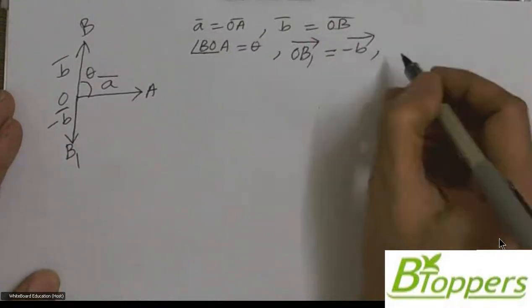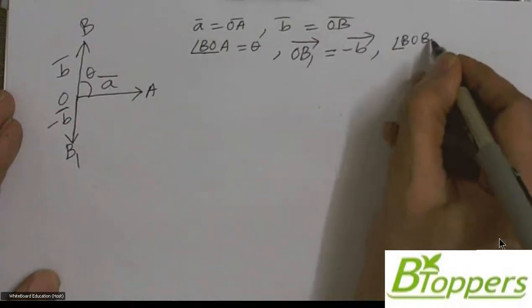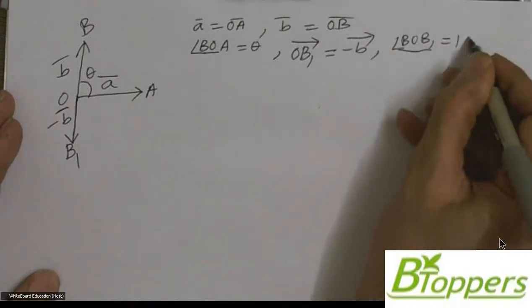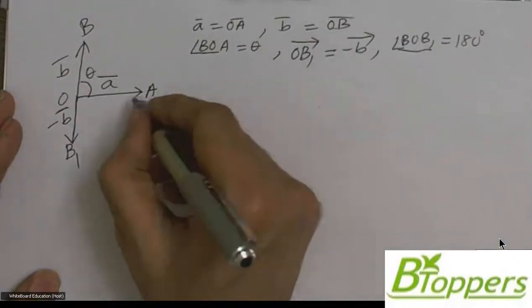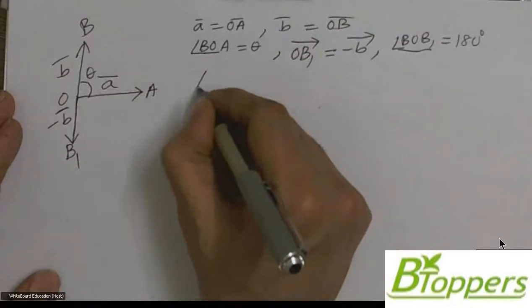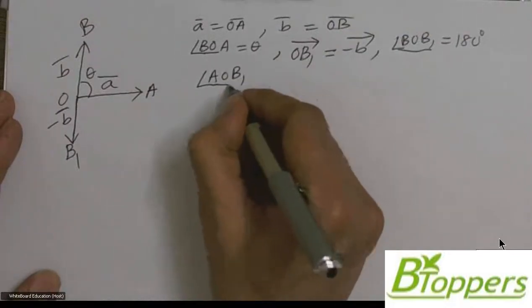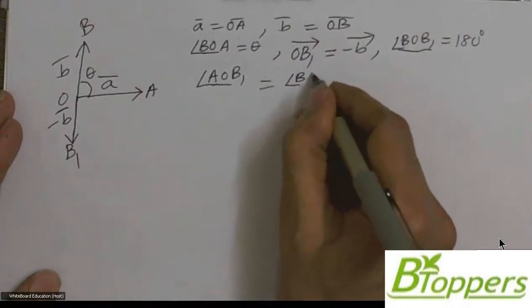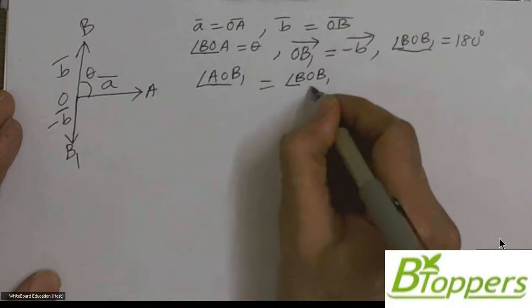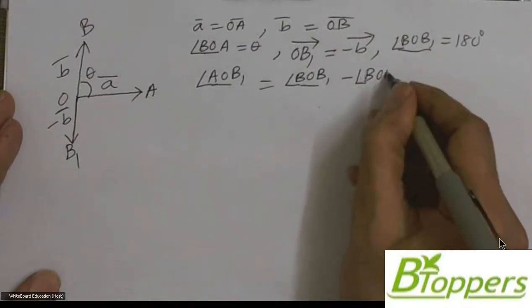So in the figure, the angle BOB1 is 180 degrees. The angle between the vectors A bar and minus B bar is equal to the angle AOB1, which you can write as angle BOB1 minus angle BOA.